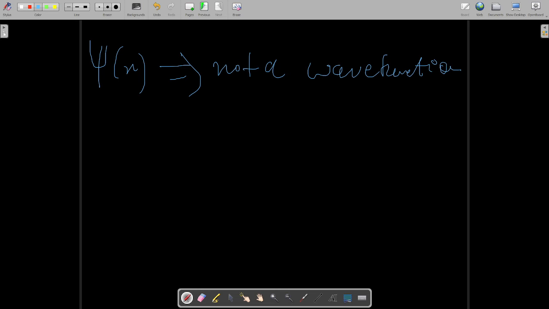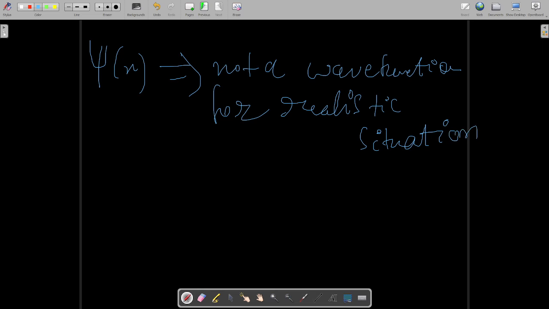So clearly from here, it is not a wave function for realistic situation.